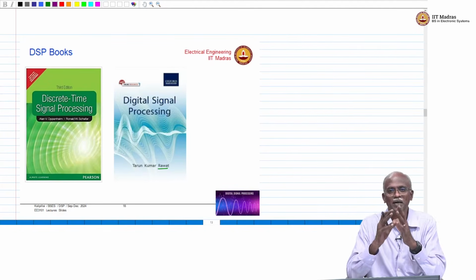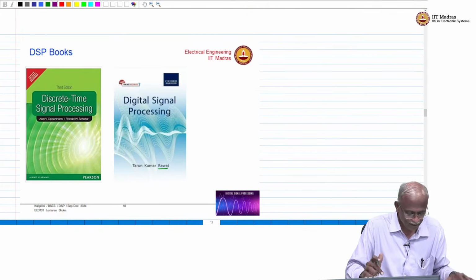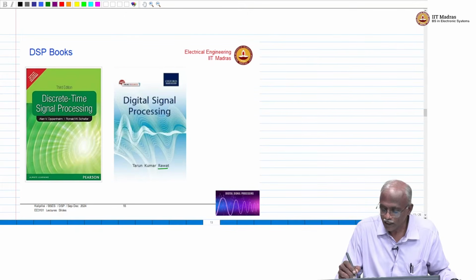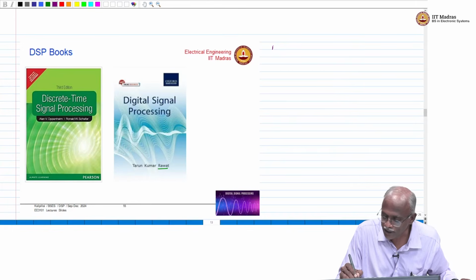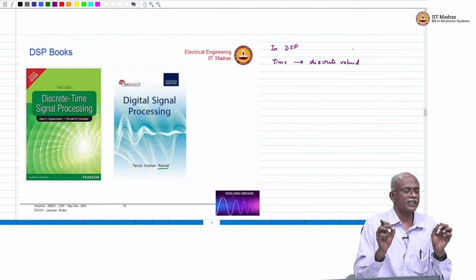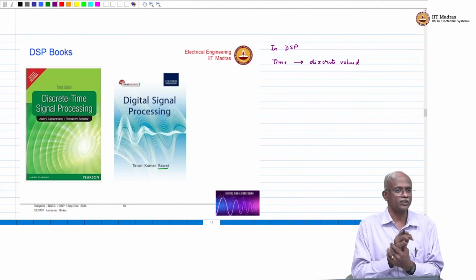Again, it's terminology, but it's interesting for you to know. In the context of DSP, time will always be discrete valued. So, discrete time signal processing is a correct terminology.